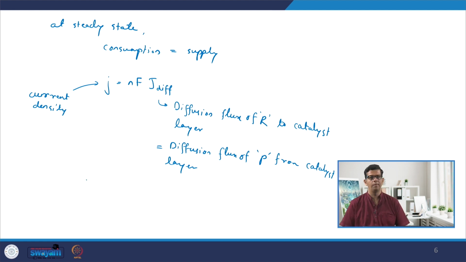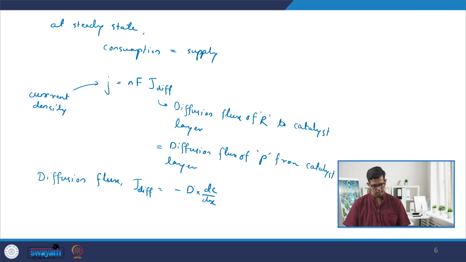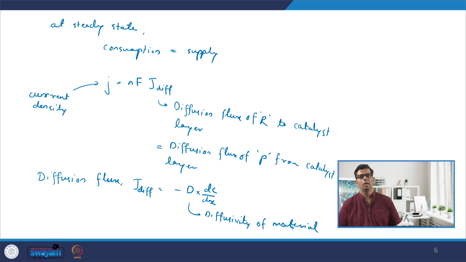So, how can we write this diffusion flux? So, diffusion flux is minus D times dC by dx. So, this D is basically diffusivity of a particular material. In other words, how easily a gas can diffuse through the diffusion layer.